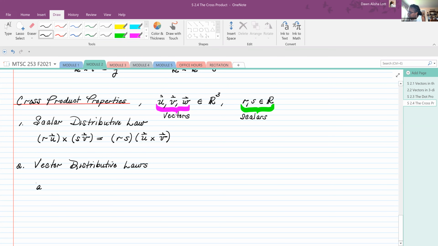So if I take the vector A and I cross it with the vector B plus C, that is the same as doing A cross B and then adding that to A cross C. Okay.